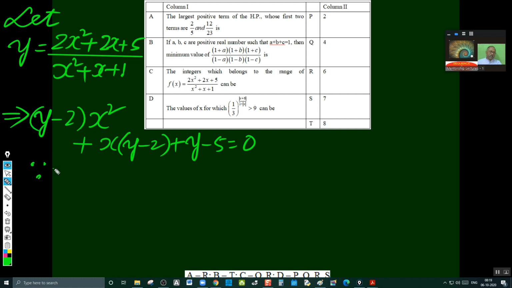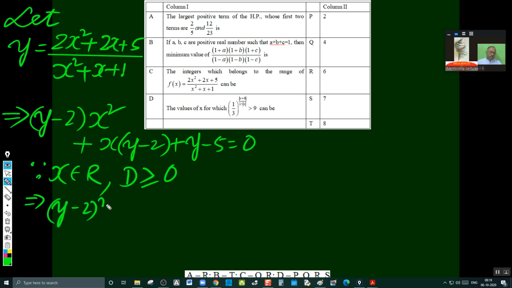Since x belongs to R, your discriminant must be greater than or equal to 0. Implies that b square minus 4ac must be greater than or equal to 0.